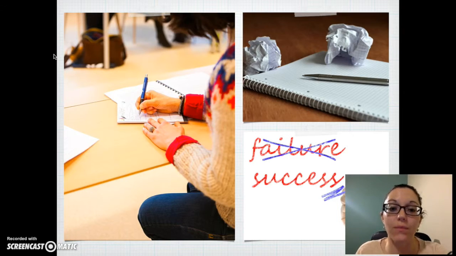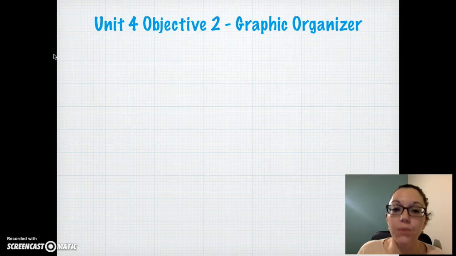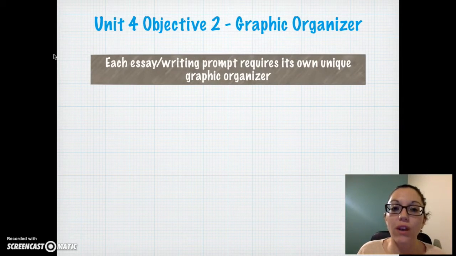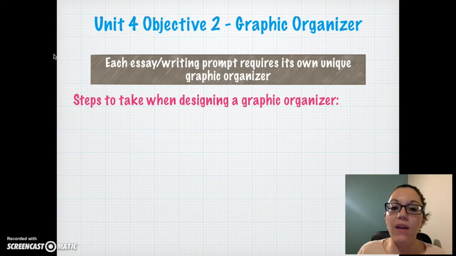Remember that while this graphic organizer will work for the prompts, it will not work for all writing prompts. The basic layout might be the same, however you'll have to reword and change parts of the graphic organizer in order to suit the specifications and requirements of each prompt. There are 3 steps you need to take when creating a graphic organizer to suit a specific writing prompt.